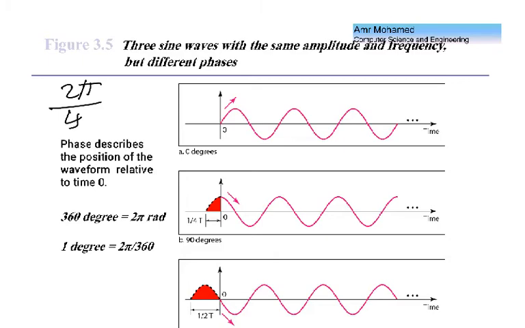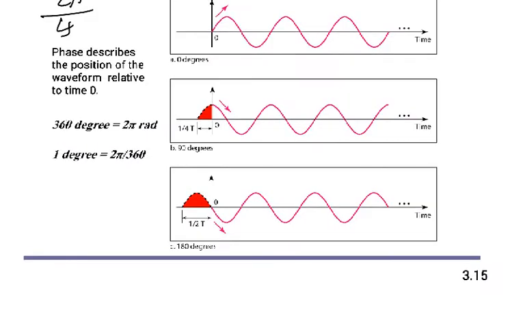This signal here is shifted by half the cycle, or pi, or 180 degrees. Okay? And pay attention to the fact that if the signal is shifted left, or in other words, this axis is shifted to the right, this means that the phase is positive.